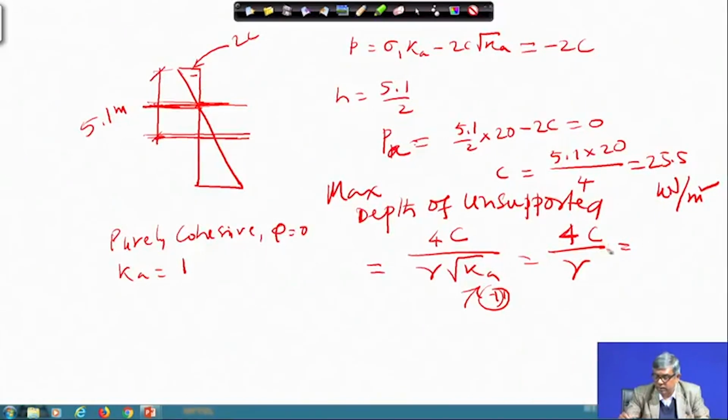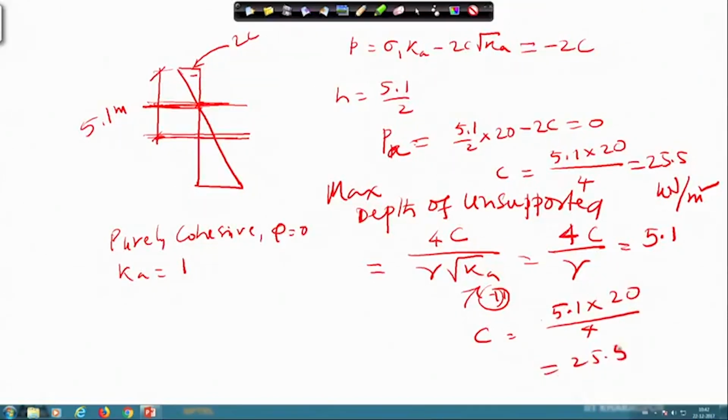This is actually 5.1, then C will become 5.1 into gamma, which is 20, divided by 4, equal to 25.5 kilonewton per meter square.